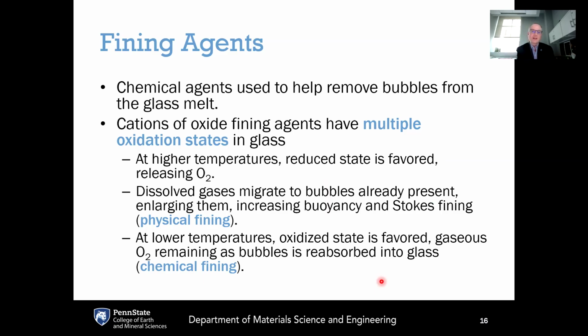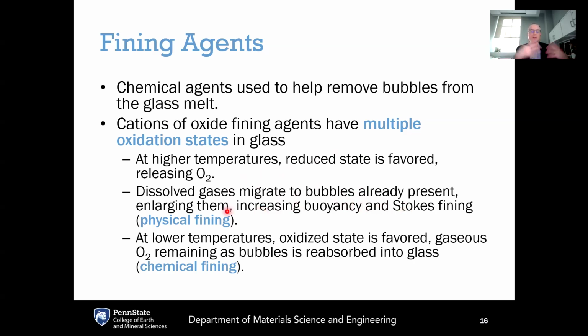And the key to fining agents is that they have multiple oxidation states, where at high temperatures, a reduced state is favored, and that releases oxygen. As the oxygen is released, that increases the size of the bubbles, which enables the bubbles to rise up faster. So there are dissolved gases that migrate to the bubbles already present. This enlarges them. It increases the buoyancy of the bubbles because they're larger and helps accelerate the Stokes fining.